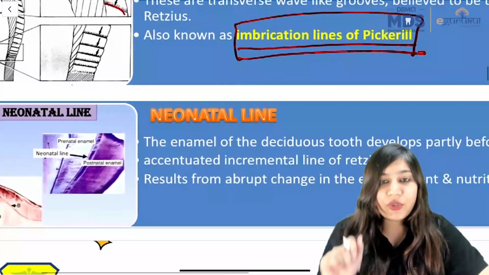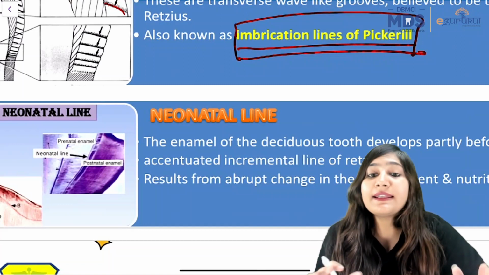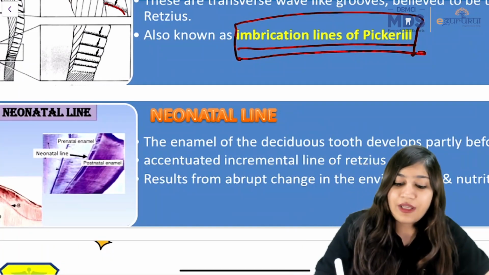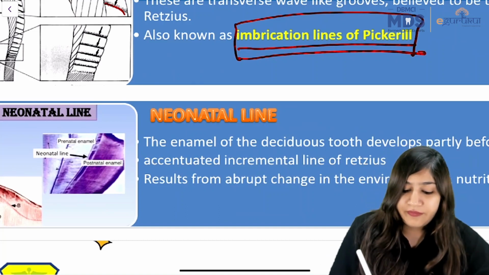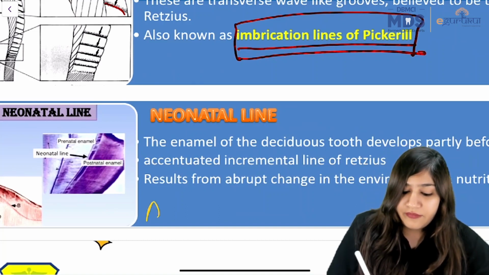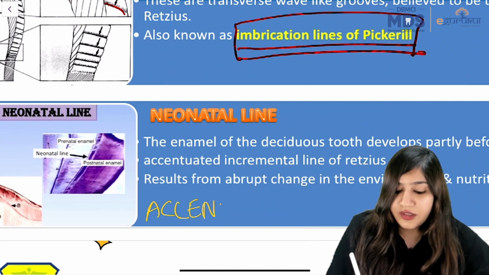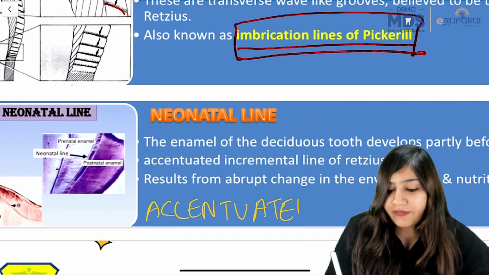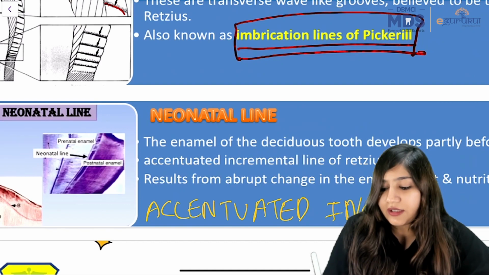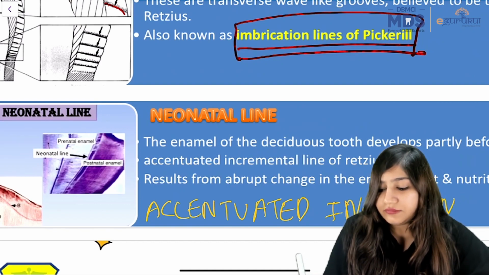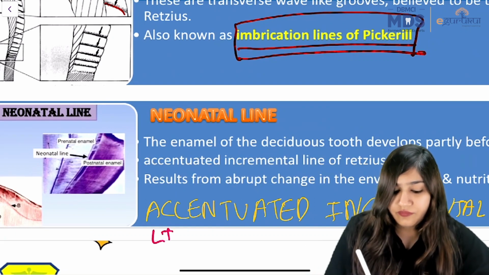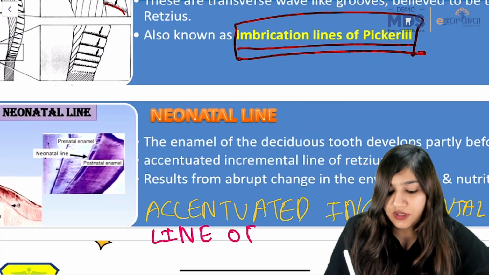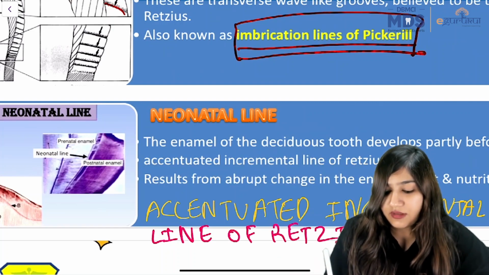Now coming to neonatal line. It is an accentuated incremental line of Retzius of enamel.